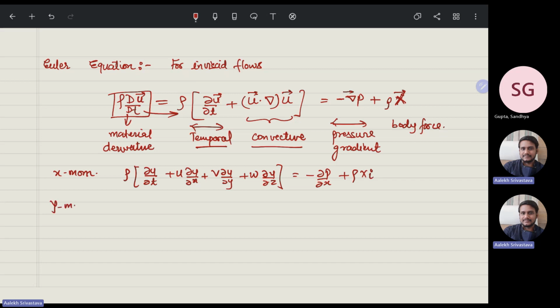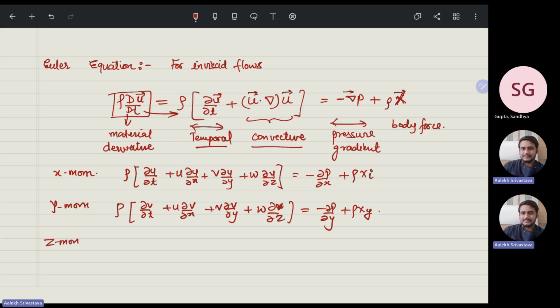Similarly, for y momentum, the same equation goes: rho times del v by del t plus u del v by del x plus v del v by del y plus w del v by del z is equal to minus del p by del y plus rho Xy.